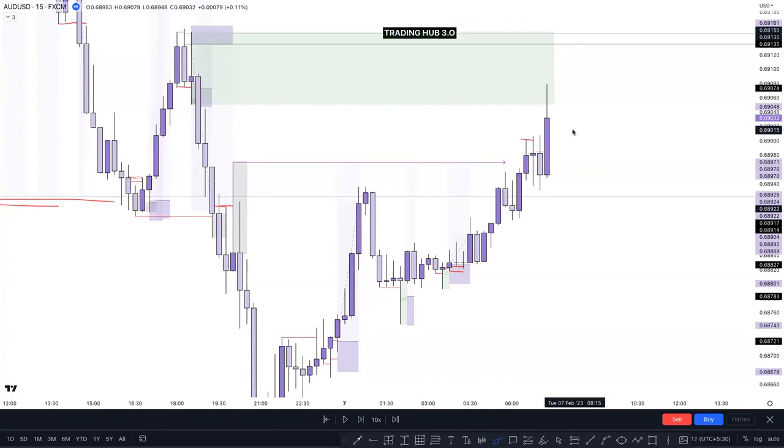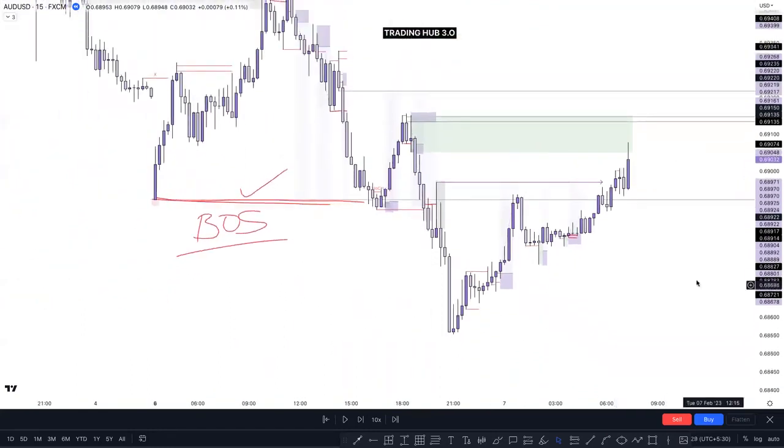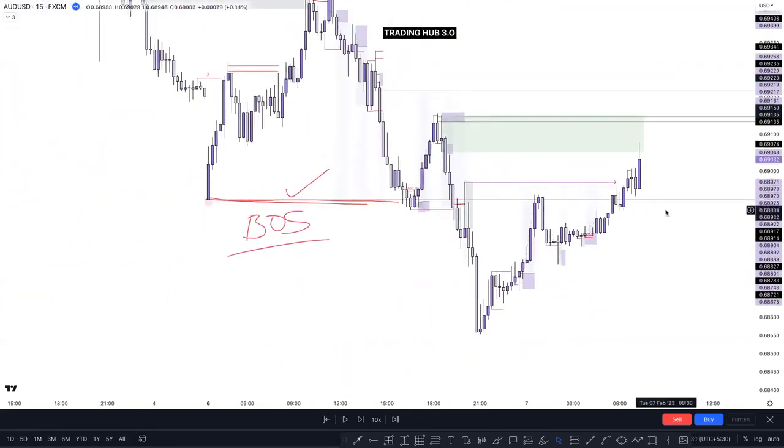But look at this one, because the inducement is taken out, you can also sell here. But this sell will be better if price taps on the PUI, right? In that case, this becomes more valid, higher probability.